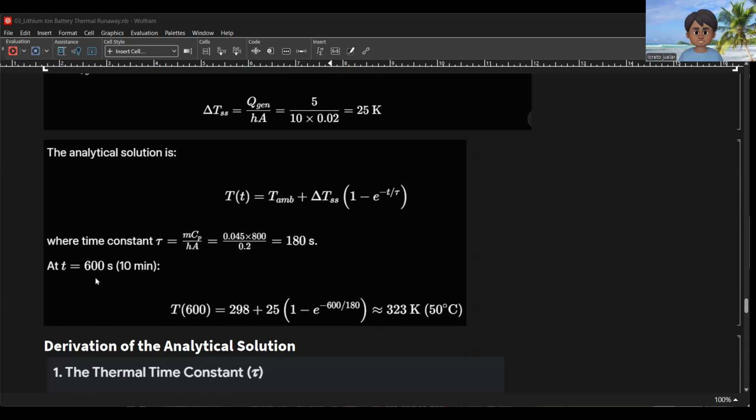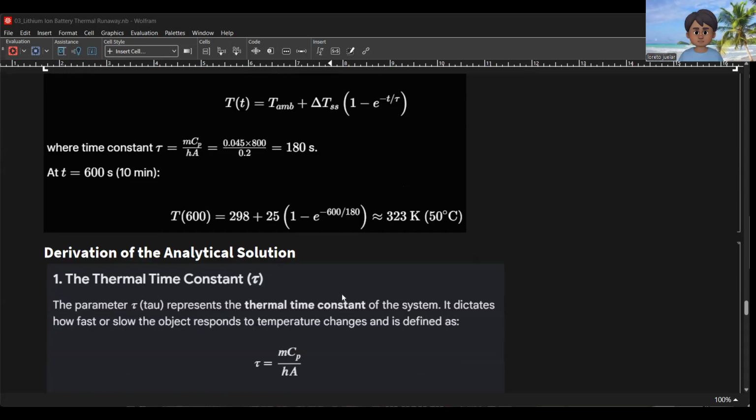So at time equal to 600 seconds or 10 minutes, the corresponding temperature by using this formula is 323 Kelvin or 50 degrees Celsius.